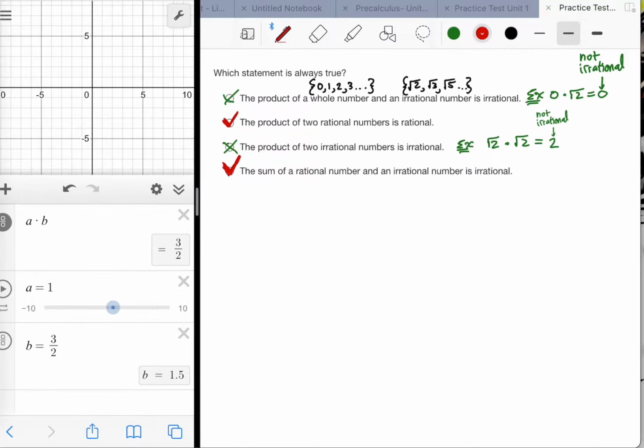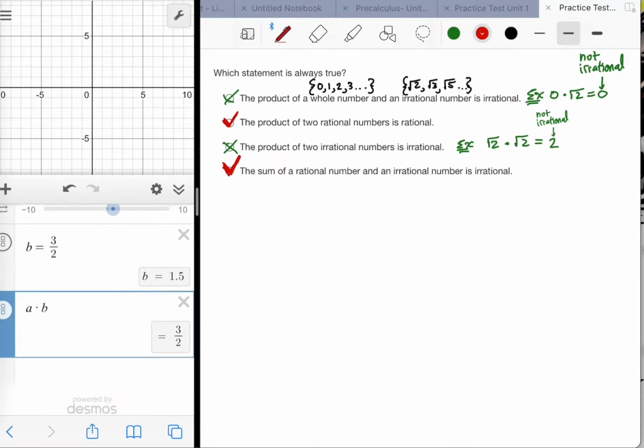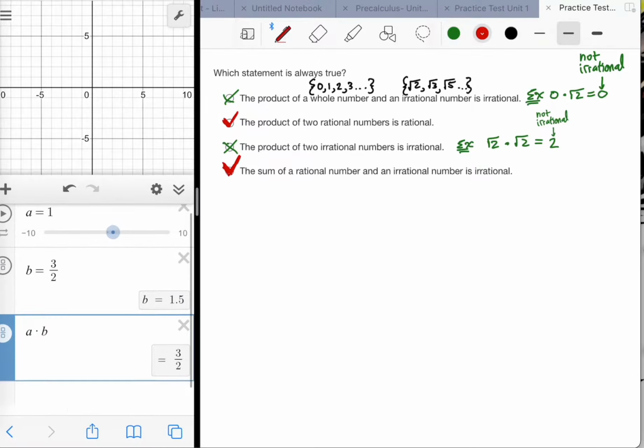I turned on the little fraction tool there to show that it can be expressed as a ratio. And then just move my slider and see if I'm still getting numbers that could be expressed as ratios. And it appears to be the case. So that's one way to handle it.